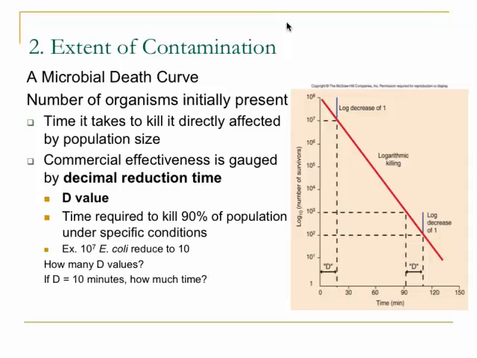So 7 minus 1, you need to go 6 D values, or six 90% reductions of the population, to get down to having 10 organisms left. If the D value equals 10 minutes, how much time would that require for this specific chemical, pH, and temperature? It would take 1 hour, or 60 minutes.